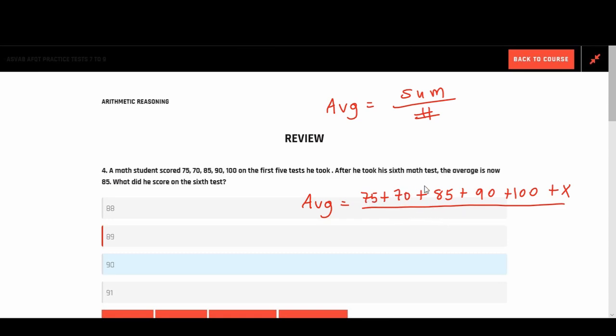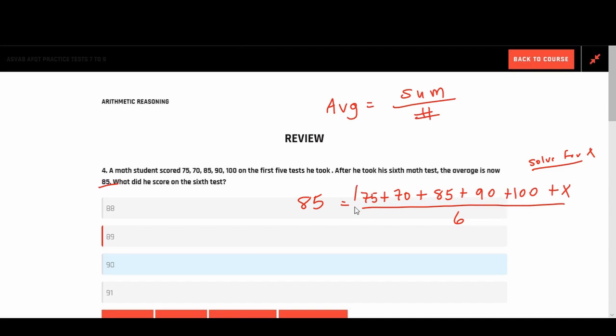So this is 1, 2, 3, 4, 5, 6, including the unknown test score. And beyond that, we know that after he took these tests, his average was 85. So we can actually fill in the average as well in the formula. Now we're just solving for x. Again, solve for x. That is, we want to get x by itself.